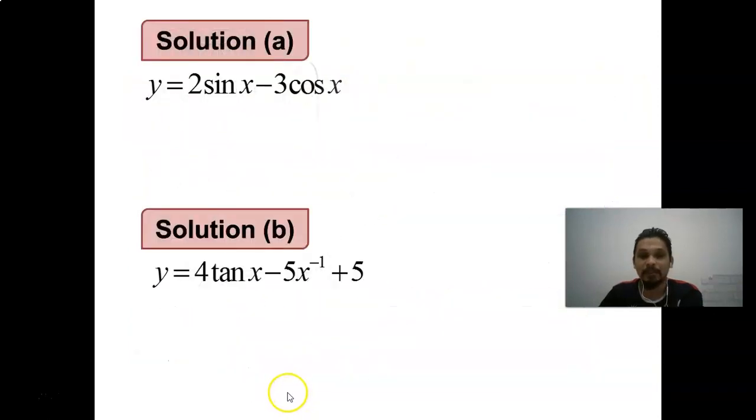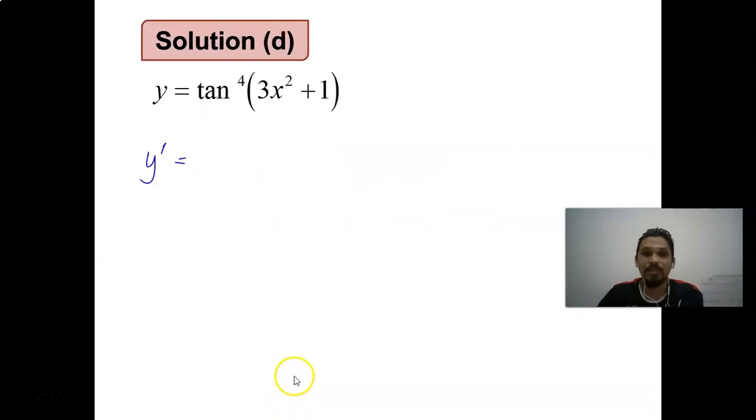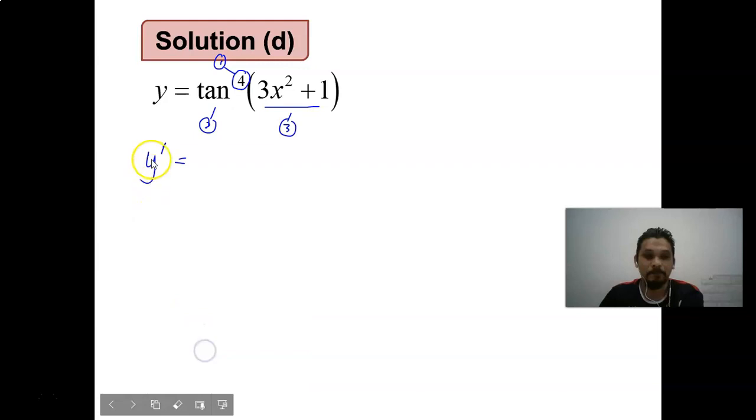Now, for this question, meaning power of 4, this will be the first thing that we're going to look at. And then tangent, the second part, and 3x squared plus 1, the third part here. So I'm going to rewrite this. y prime.